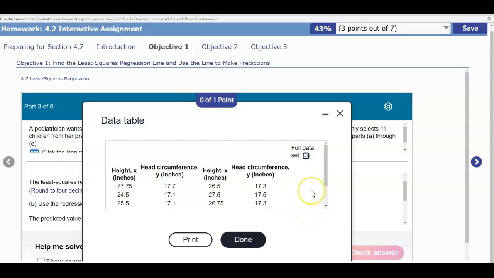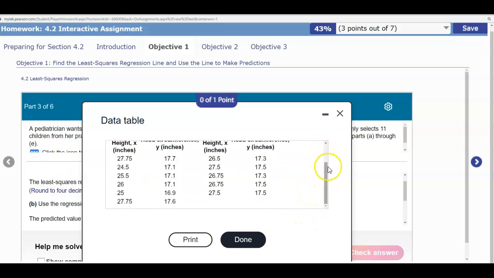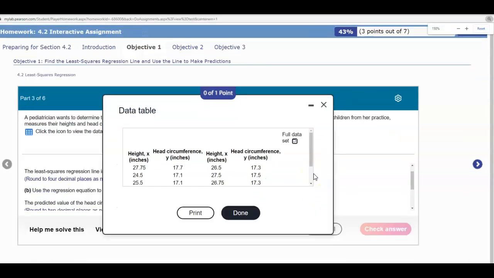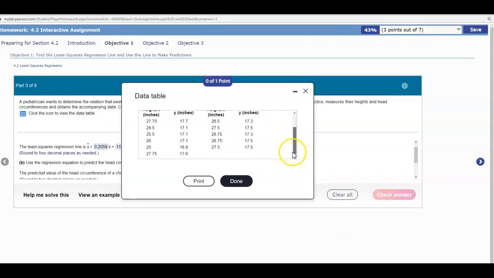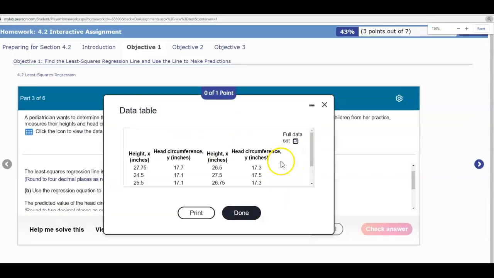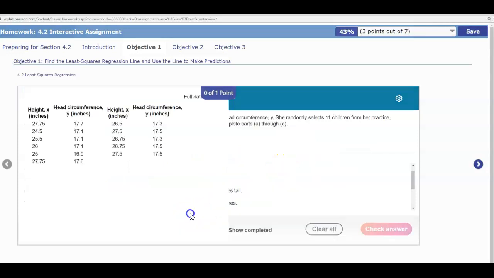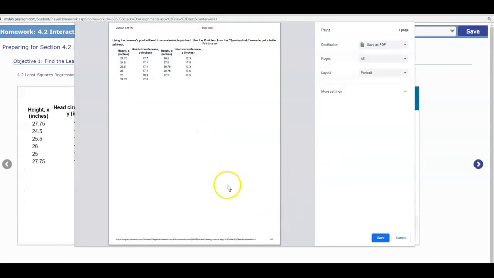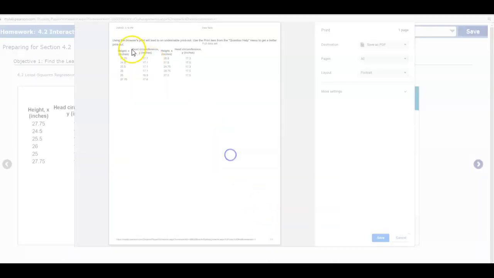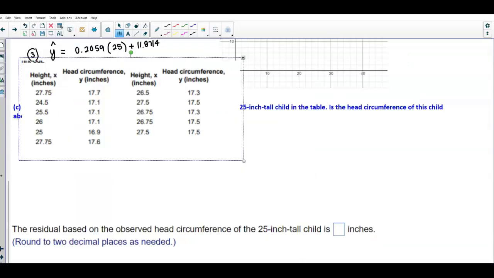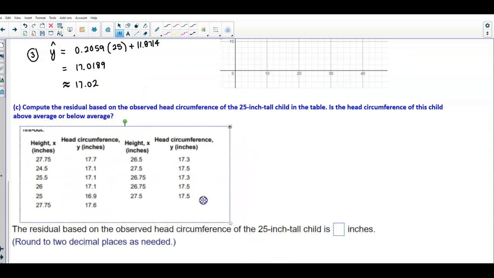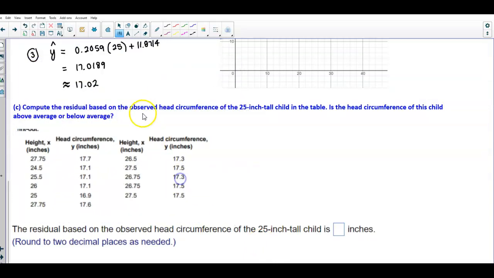So here is our table, and I want to copy this so that we have this table available for you to see. The observed value is what we have in the table.